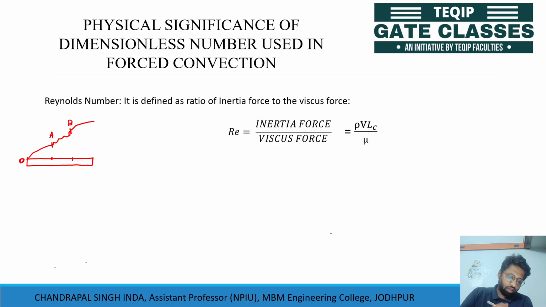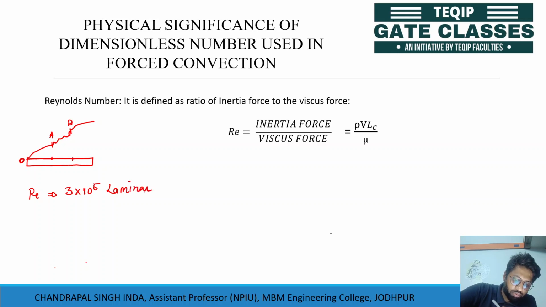So from O to A, this type of flow is defined as laminar flow. For laminar flow over a flat plate, the value of the Reynolds number is up to 3 into 10 to the power 5.